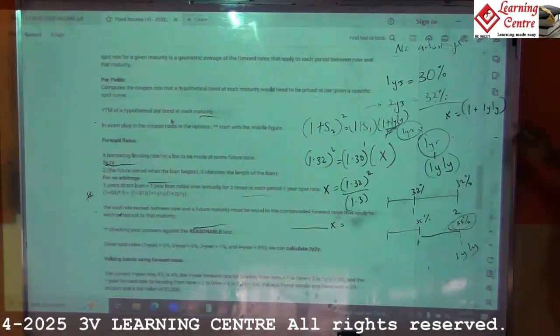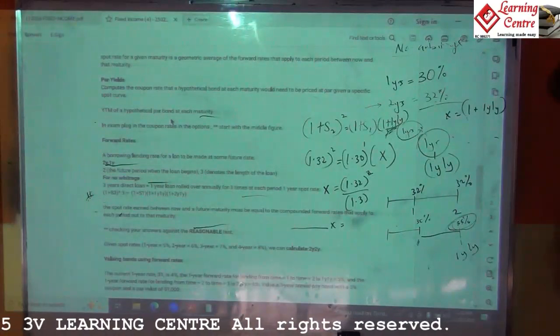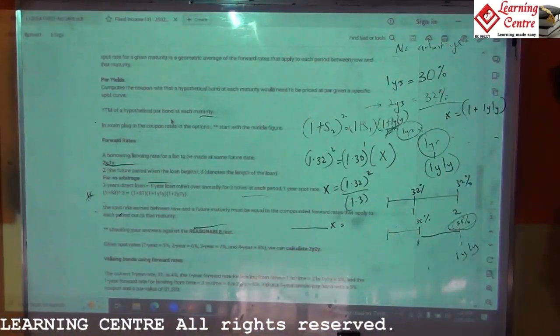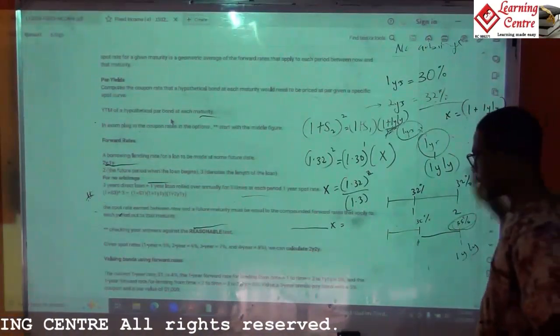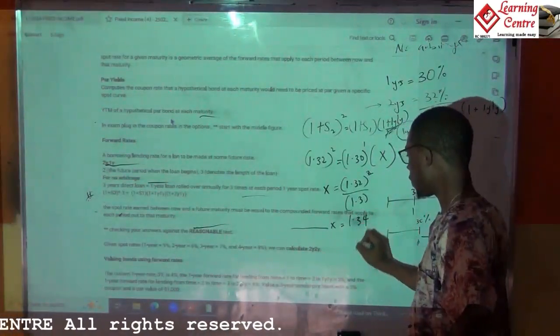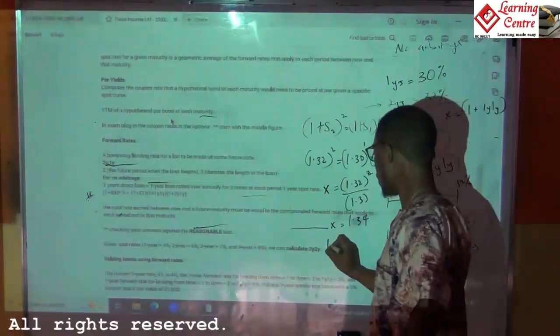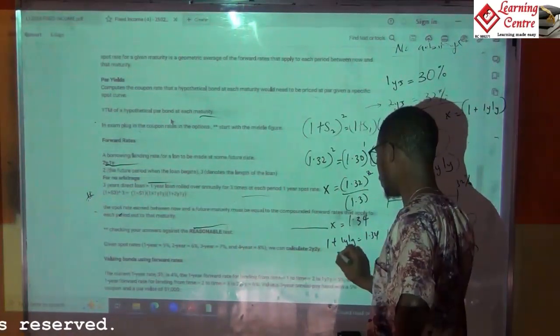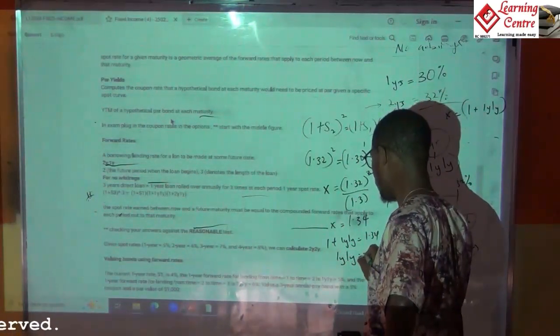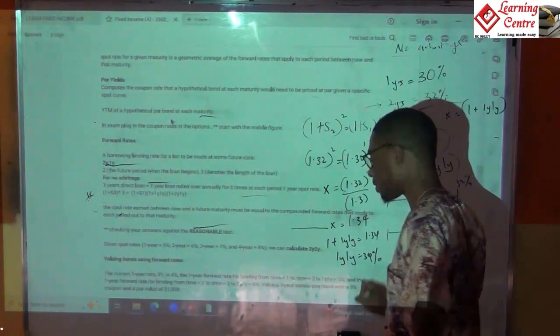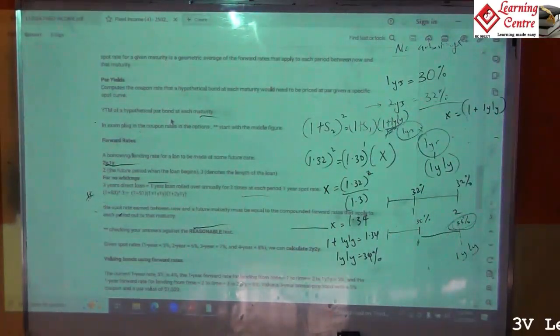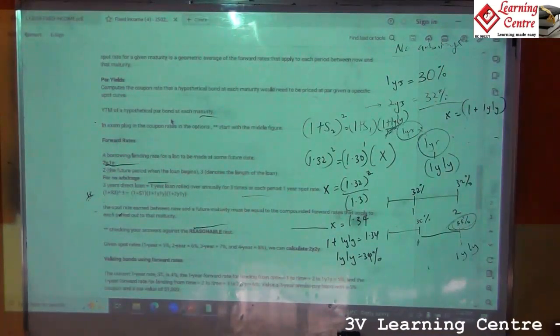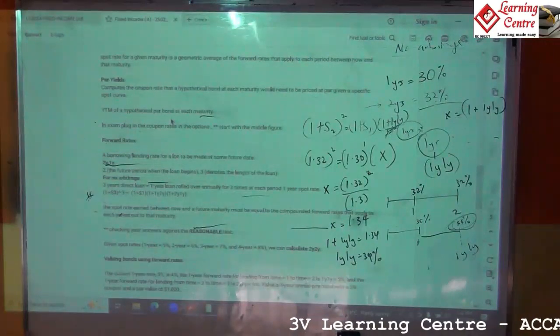So what is the answer? 1.34, right? So 1 plus 1y1y equals 1.34. So 1y1y should be 34%. So the exam gave me 32%, but when I crunch the numbers, it should be 34%.